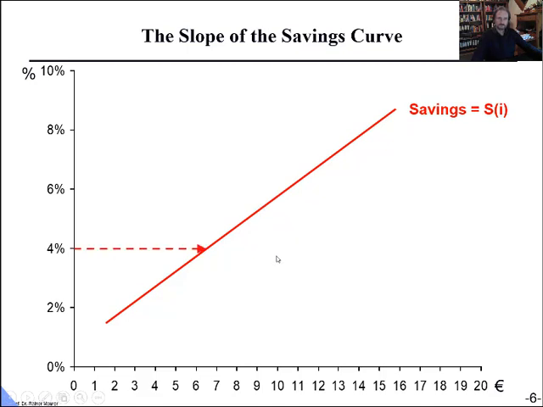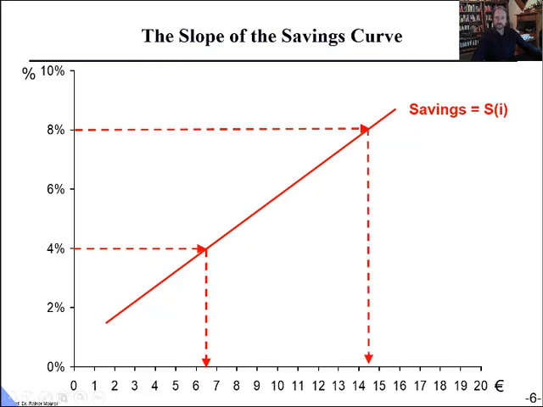For example, if the interest rate is just 4%, then the savings volume is between 6 and 7 euro. Now, if the interest rate grows from 4 to 8%, the savings volume is larger because of this positive slope. It's somewhere between 14 and 15 euro.